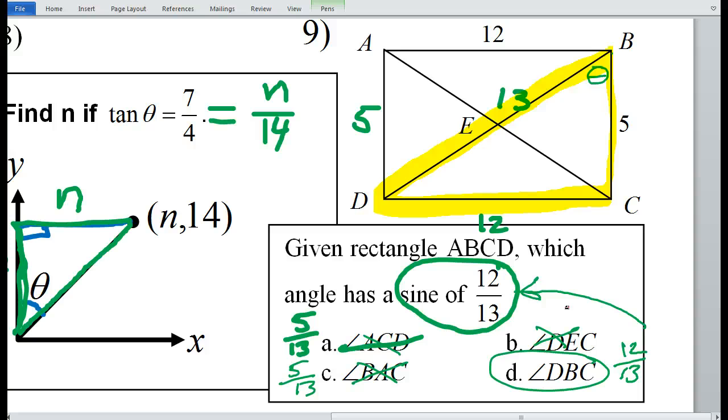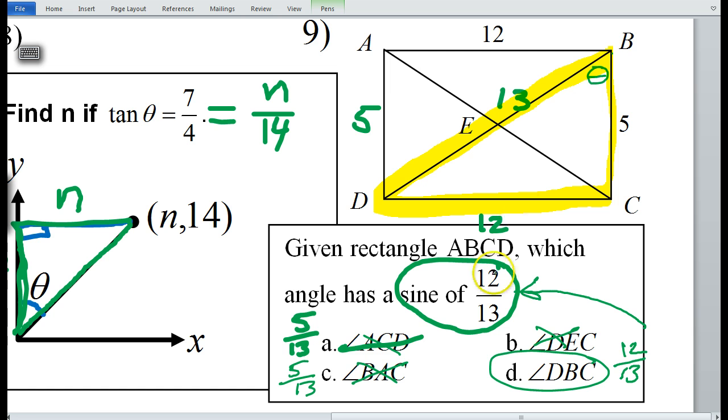Wait, so you didn't understand, Maurice? Thank you. Tristan. Okay. Do you understand that we were looking for the angle that had a sine of 12 over 13?